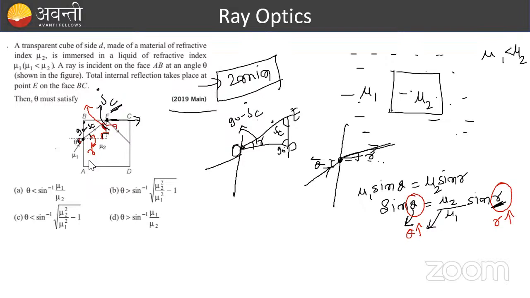But this angle we have to maintain greater than IC. So that value of theta will be the maximum; after that, theta should be less than it. I hope you have got it.